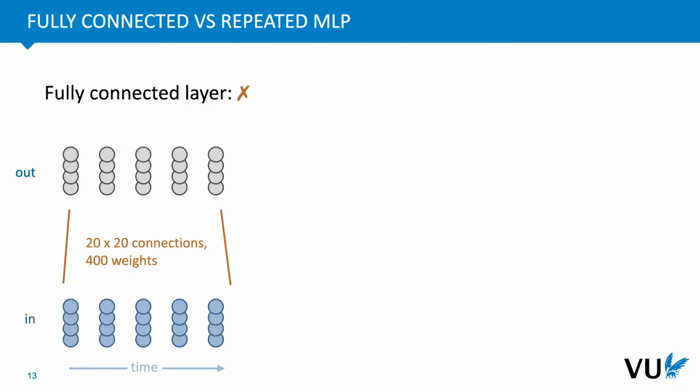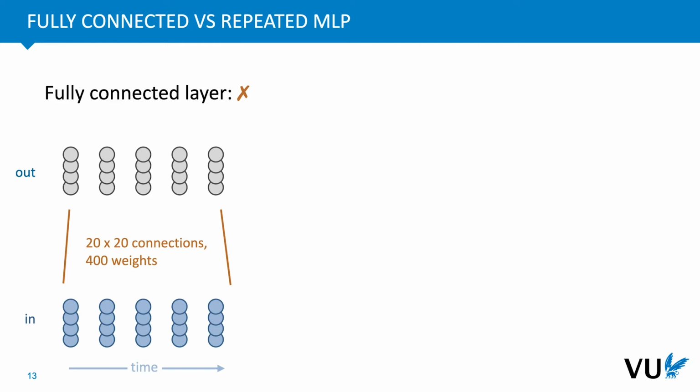Here's something that isn't a sequence-to-sequence layer, namely a fully connected layer. Here at the bottom, we have our input sequence, a sequence of 5 vectors of 4 elements each. Our output sequence is also a sequence of 5 vectors, again of dimensionality 4. So far so good.